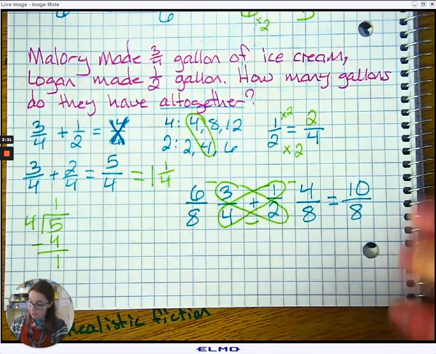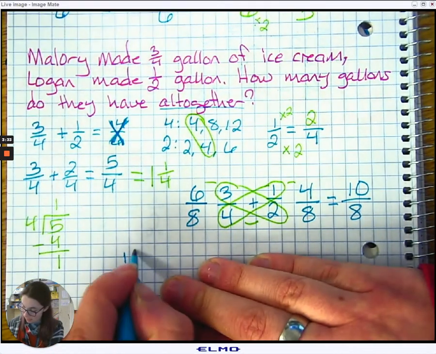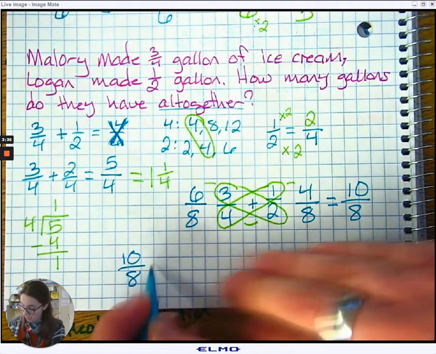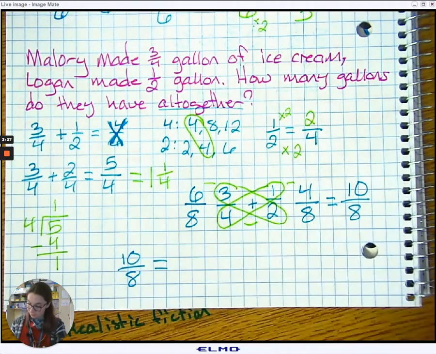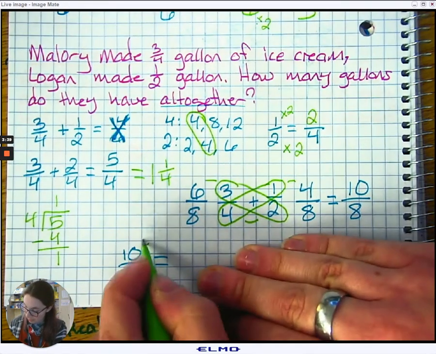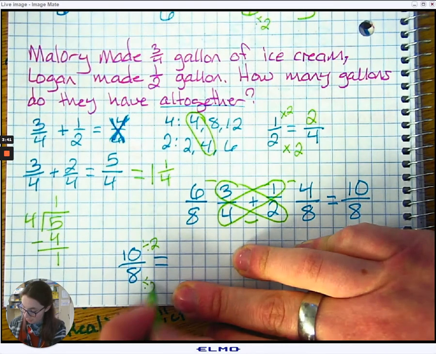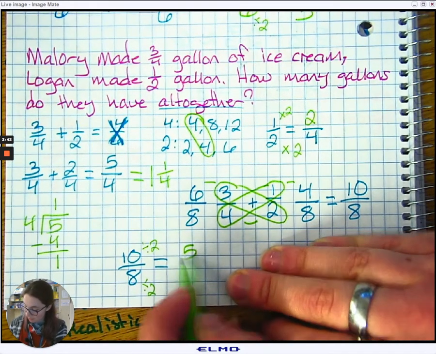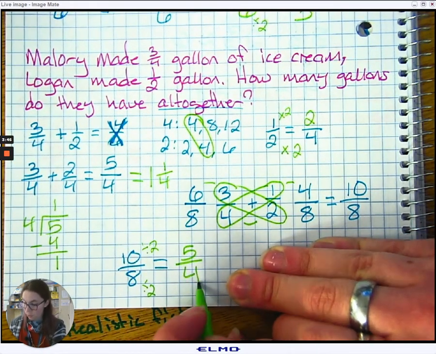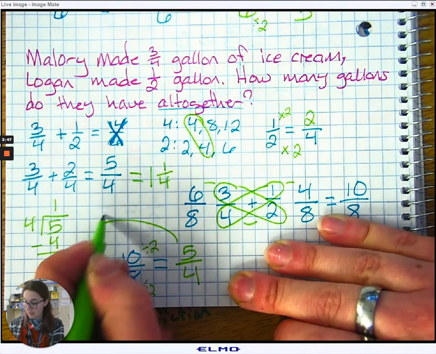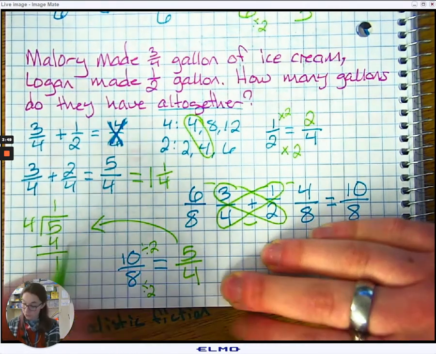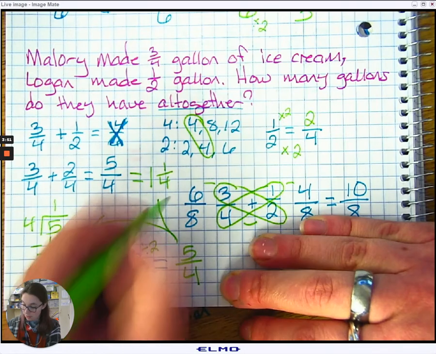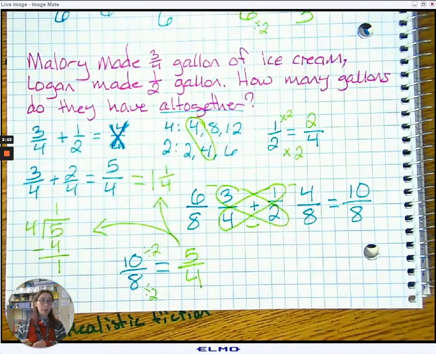10/8. And then 10/8 we simplify by dividing by 2, divide by 2, and we get 5 over 4, which we have already simplified into a mixed number.